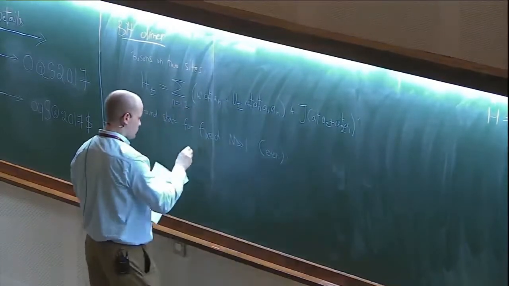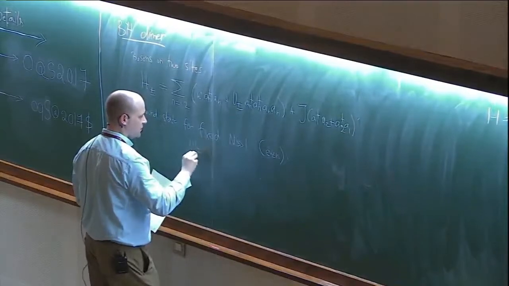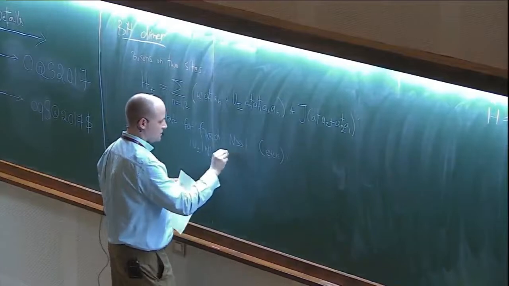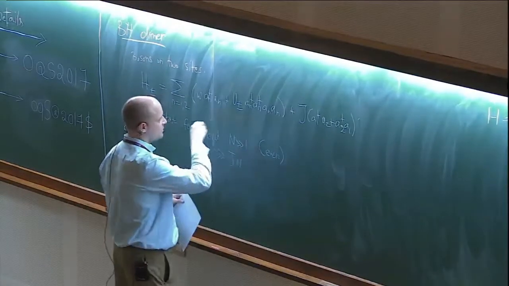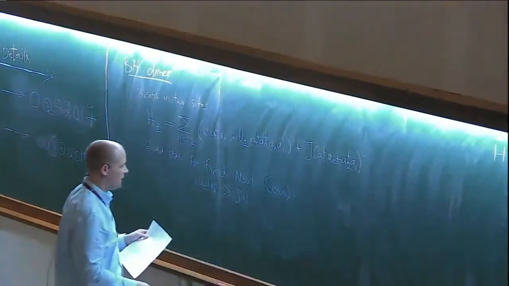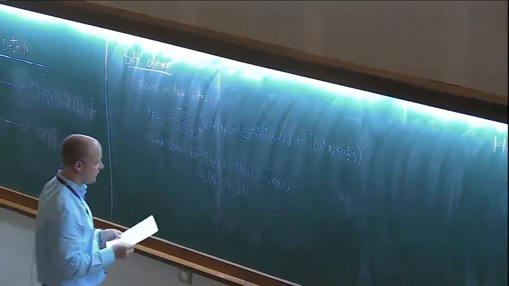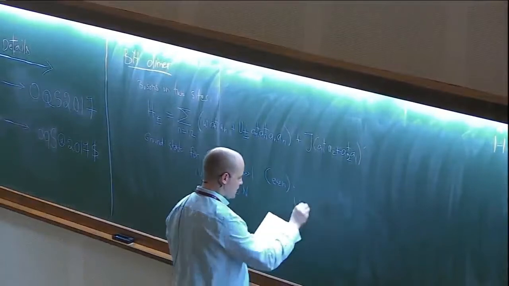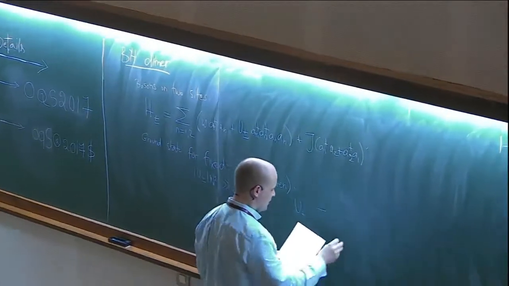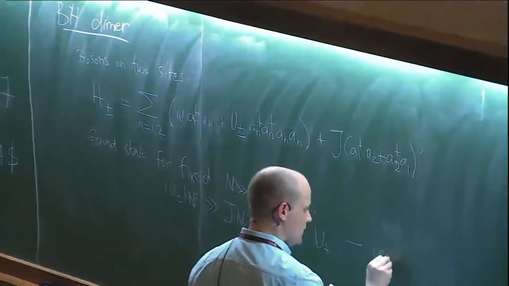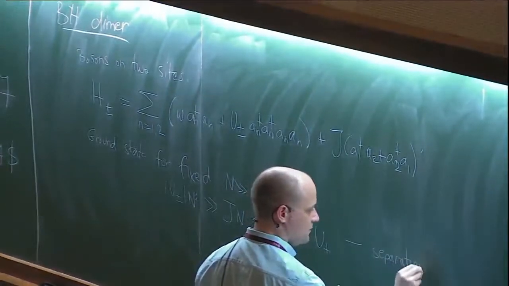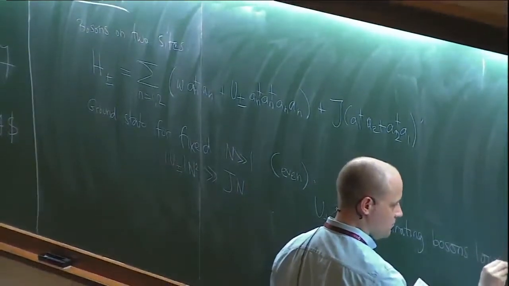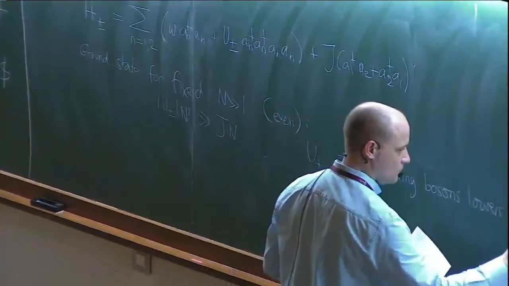Then, let's assume that also U times n squared is large compared to J times n, which is what I should compare if I ask how do hopping and interaction compare to each other. Then, for the positive case, we'll find that separating bosons lowers the energy, right?